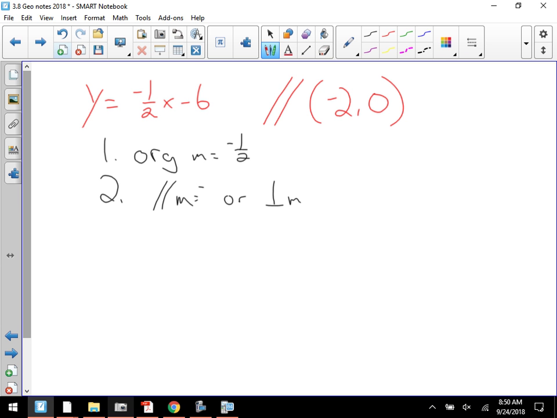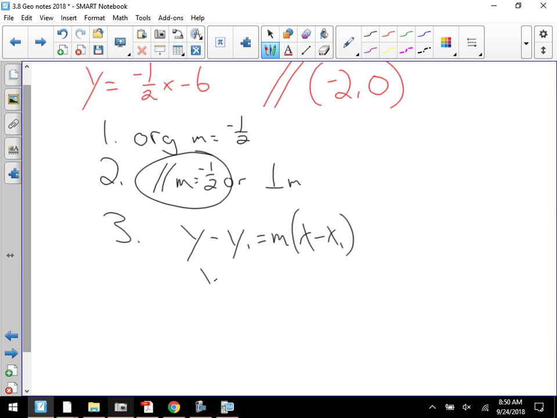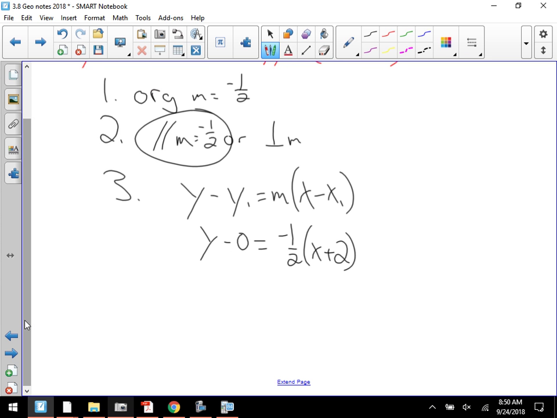Negative 1/2. Point slope. Y minus 0 is negative 1/2 times x plus 2. And you're using the ordered pair that they give you. You start filling in blanks.